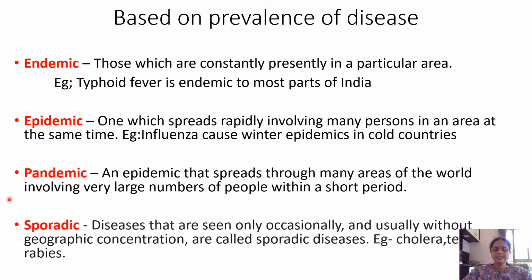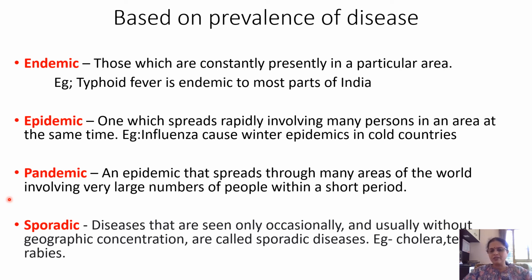Okay, the next one is pandemic. An epidemic that spreads through many areas of the world involving very large number of people within a short period. Understand this definition properly. Here it is an epidemic, that means many people are affected. But what is the difference? Epidemic is happening in one specific area at one specific point of time, right?